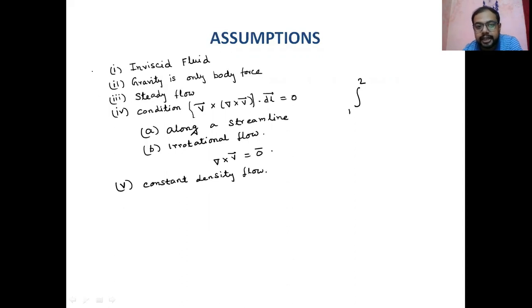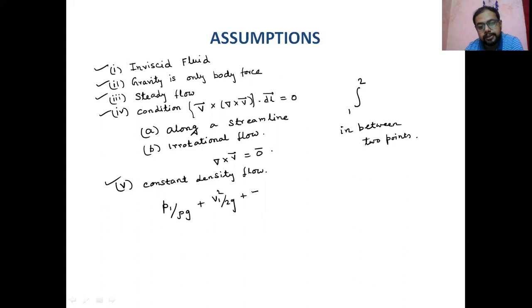So after satisfying all assumptions and doing the integration in between two points, which is very important, the equation we get is P1 by rho g plus V1 square by 2g plus 0 should be equal to P2 by rho g plus V2 square by 2g plus 0.